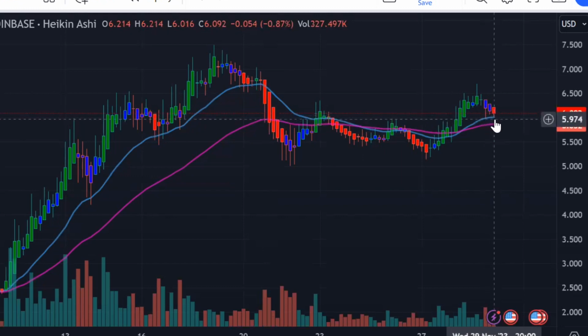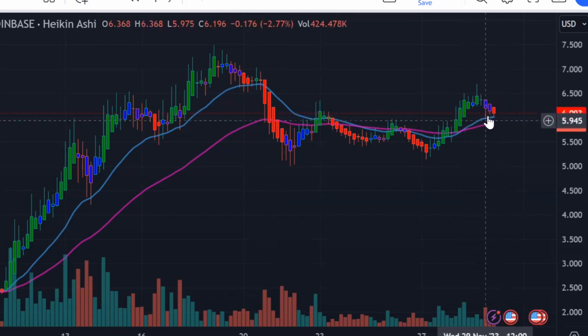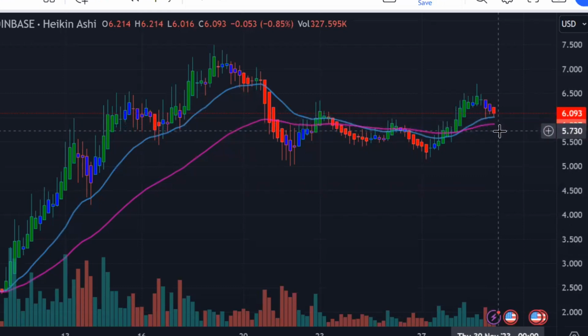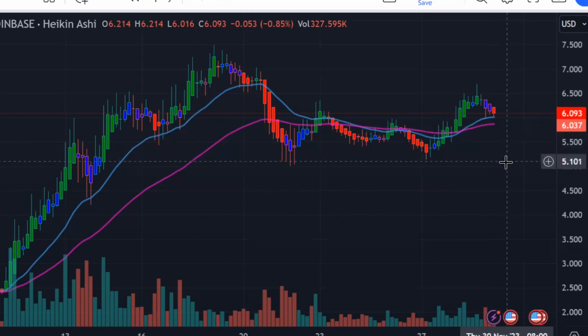That blue line is our 20-day moving average, and the purple is the 50-day moving average. Right now, it's looking like the 20-day moving average is acting as support a little bit. You can see where it's touched it 2 or 3 times, but hasn't gone below it. But if that breaks, that's where it could go down to like 5.50, 5.70, somewhere in there. And if that broke, then we'd probably see like $5 again.